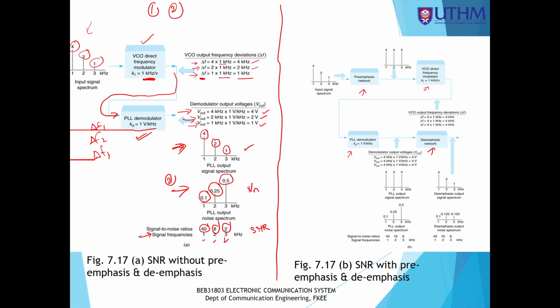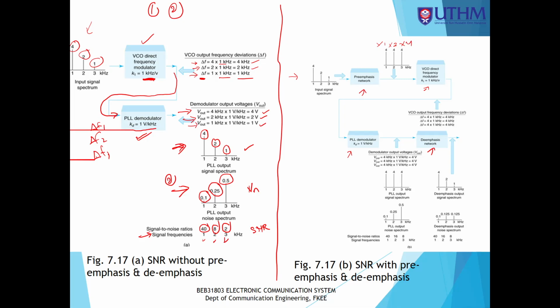So what happened now? We have the input as before: 4 volt at 1 kilohertz, 2 volt at 2 kilohertz, and 1 volt at 3 kilohertz. It goes to the pre-emphasis network, which will increase the amplitude. Here the multiplication is times 1, this is times 2, this is times 4.